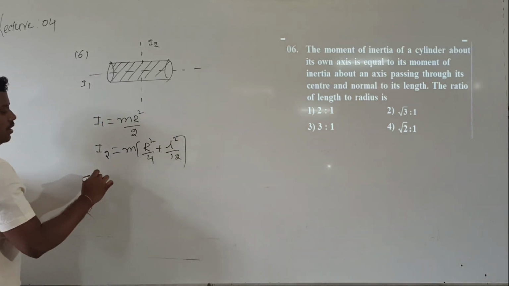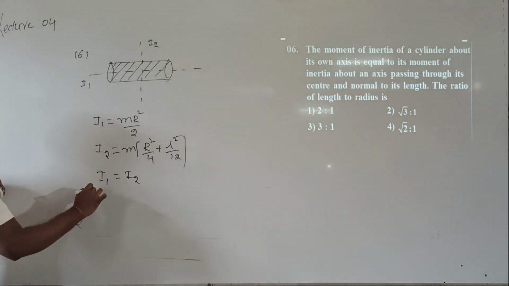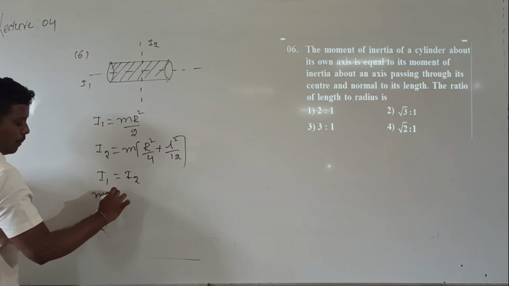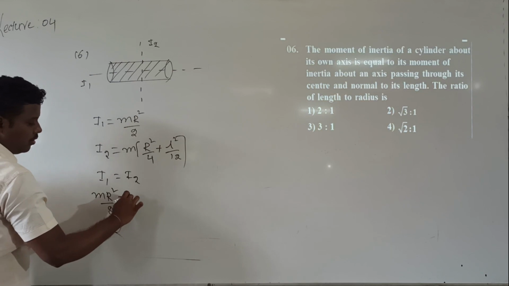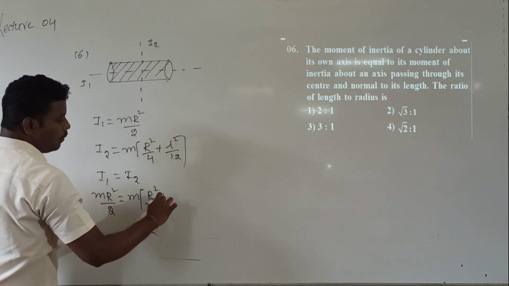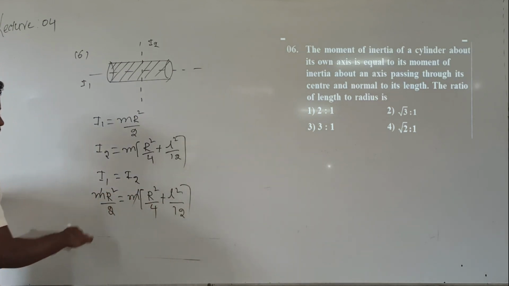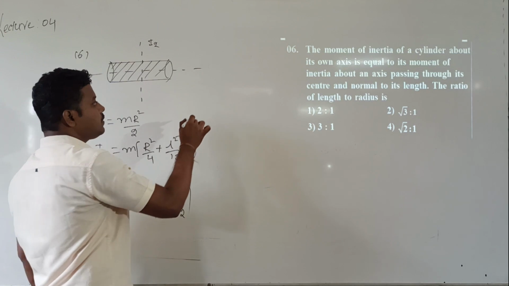In the given question, I1 is equal to I2. Can I equate them? Then m r square by 2 will be equal to m into r square by 4 plus L square by 12. So m cancels.